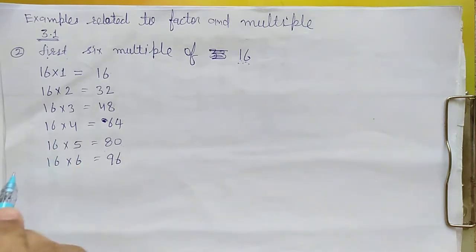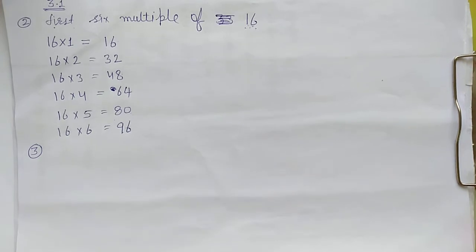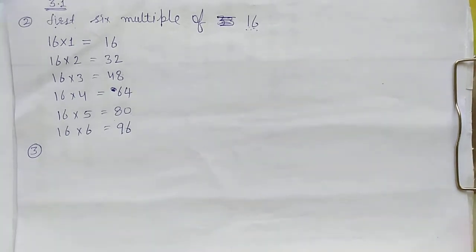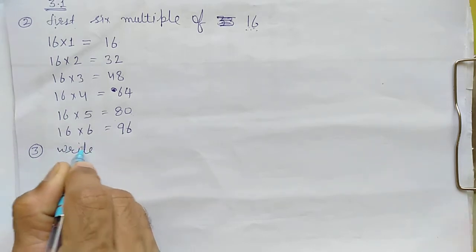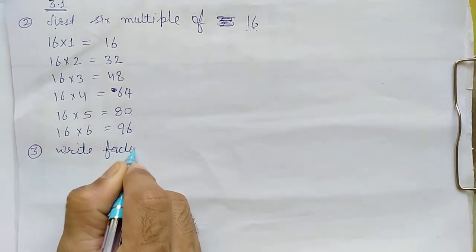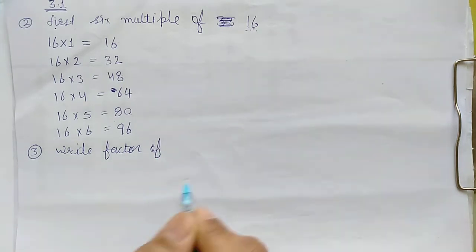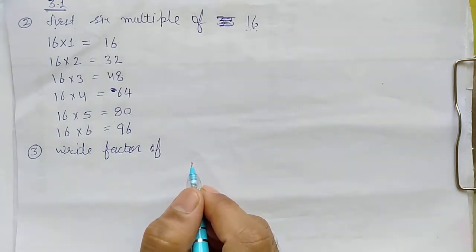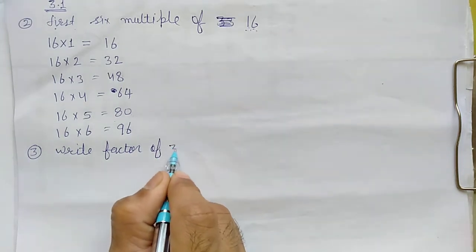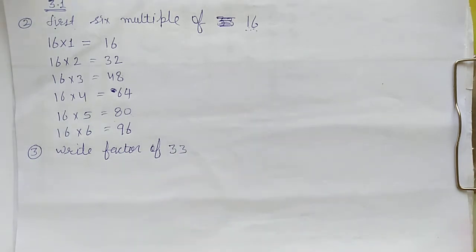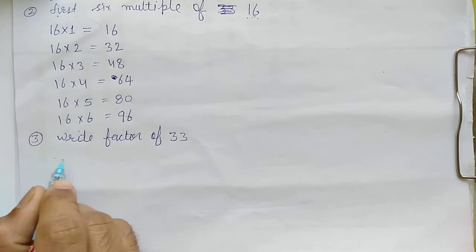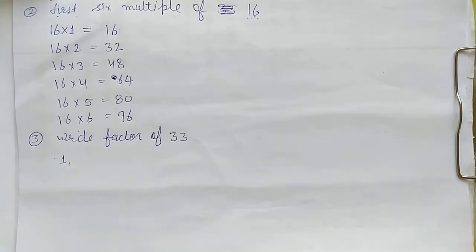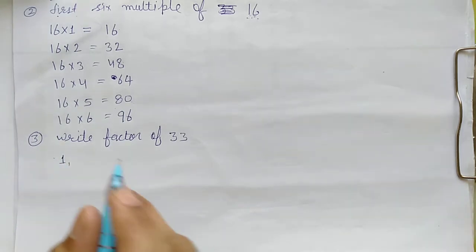Now question number 3. The question is: write factors of 33. First one I am doing here. Factors of 33 are, see, 33 is divisible by 1. The first factor is always 1 of every number.